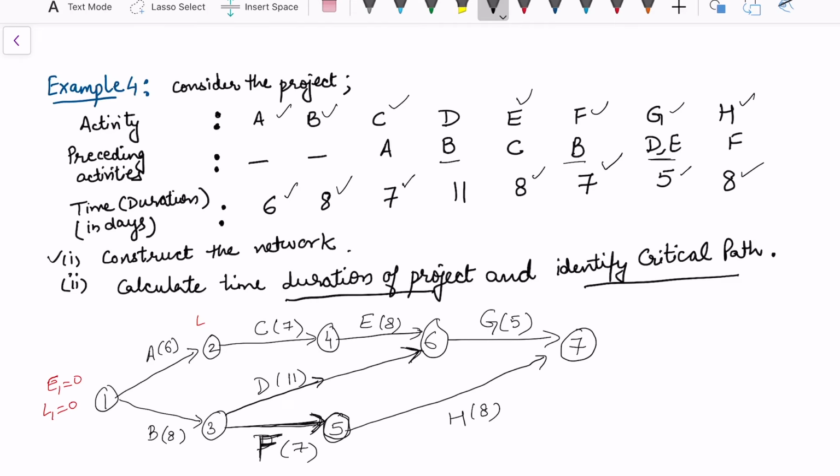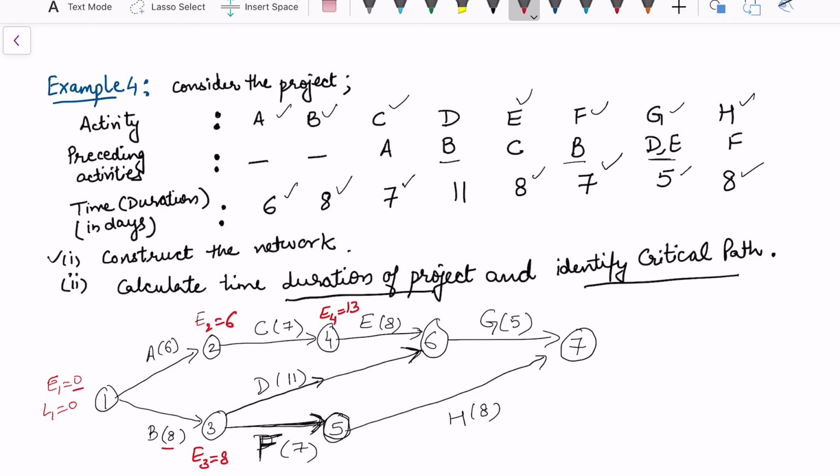Okay. Now earliest of the second node. So I'm going to add 0 plus 6. So that is 6. 6 plus 7. So earliest of fourth node is 13. Earliest of third node, 0 plus 8. So previous was 0 and then I have 8. To calculate E6, now the 6 labeling comes just from the node.